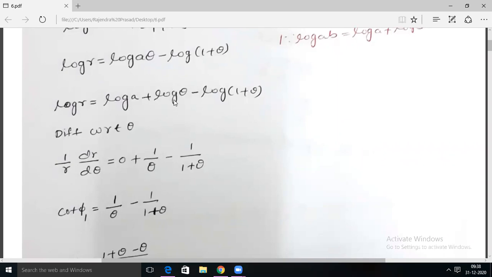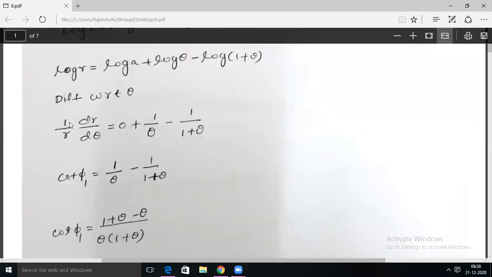Next, log theta differentiation is 1 by theta into theta differentiation 1, minus the differentiation of log of 1 plus theta, which is 1 upon 1 plus theta into (1 differentiation 0, theta differentiation 1). So finally we get 1 upon 1 plus theta.